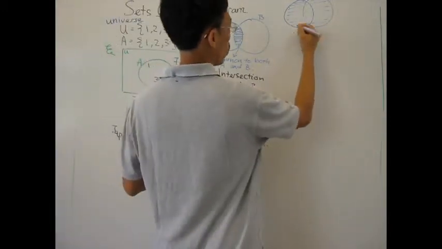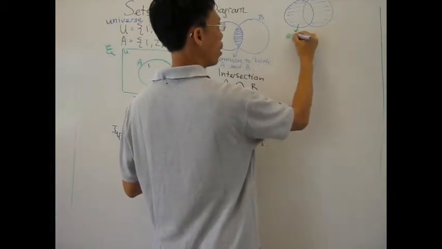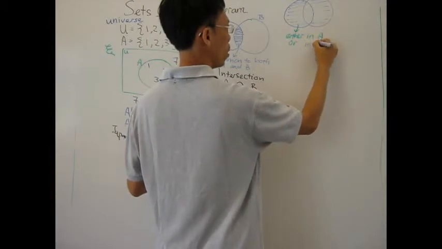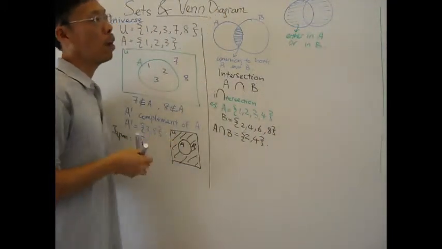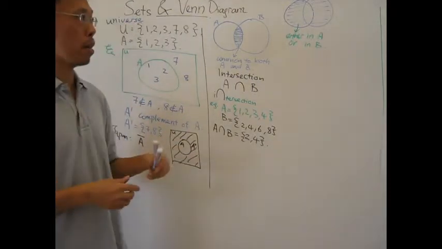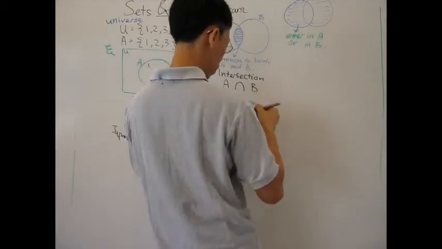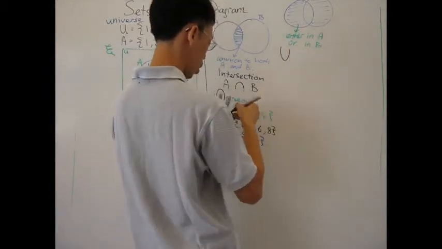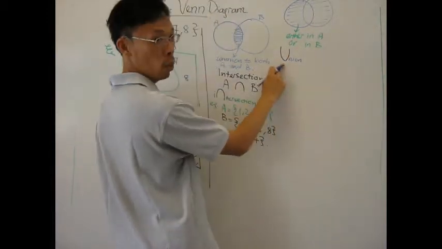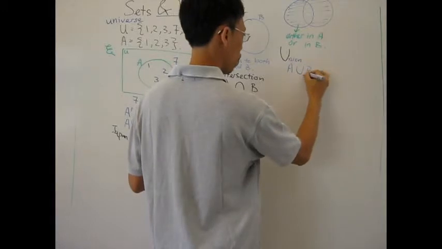So the shaded area here means either in A or in B. That is, we want all the elements that are either in A or in B. So here we use the word union. Union. And the symbol here looks like a U. So it's A union B.